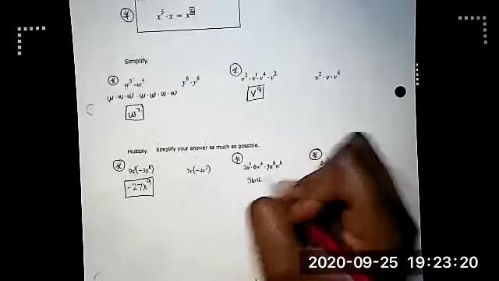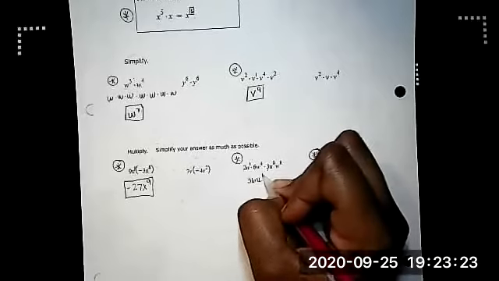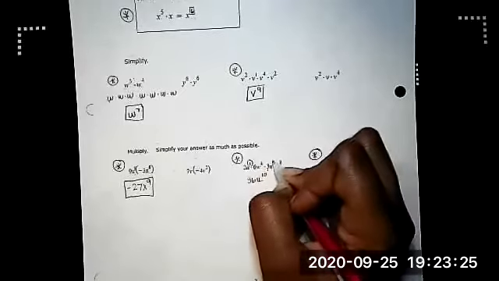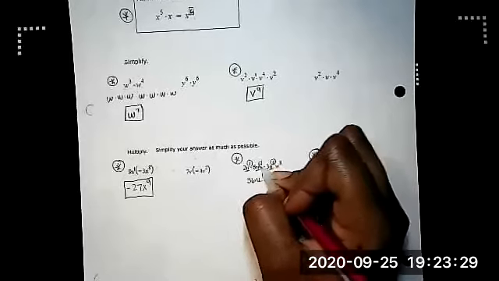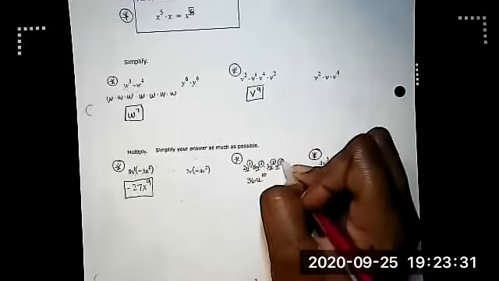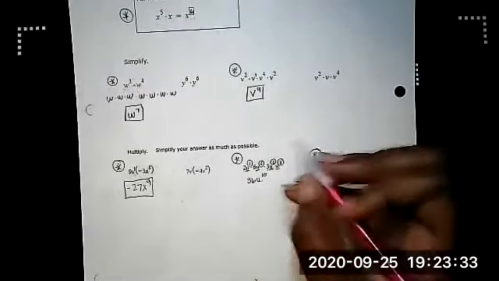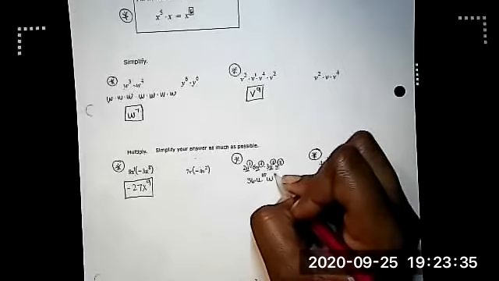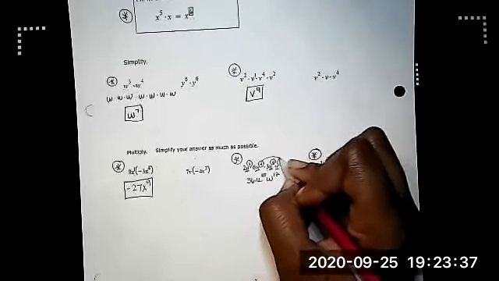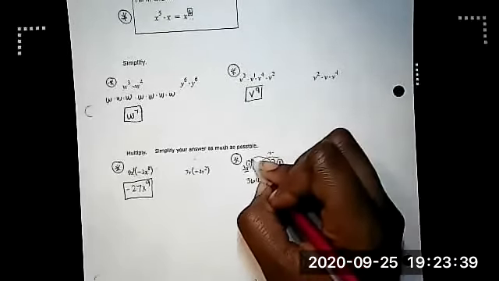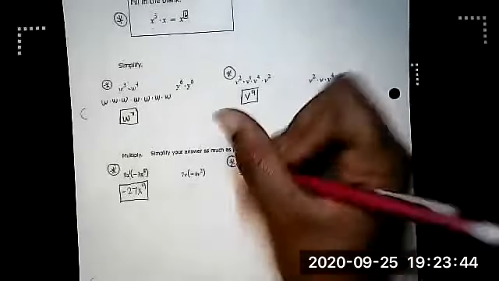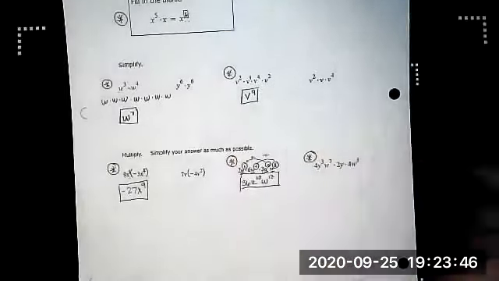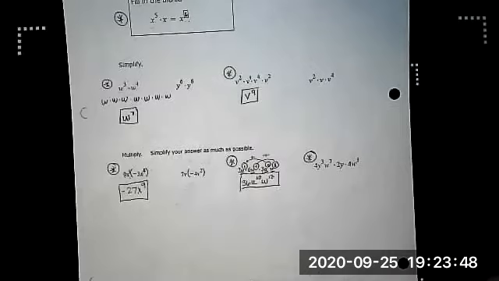So this is going to be u to the 9 plus 1, which is 10. I can only add the 2 that have the same base. And then the w is 4 plus 8. So this will be w to the 12th. I just added 4 and 8, and then I added these two. Okay, so you can only add the ones that have the same base. So my answer here is 36 u to the 10th, w to the 12th.